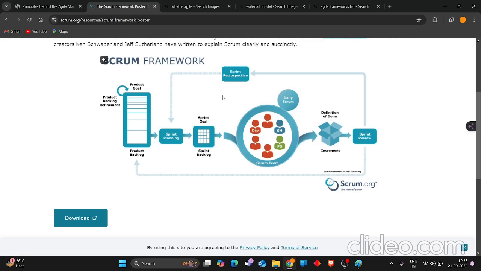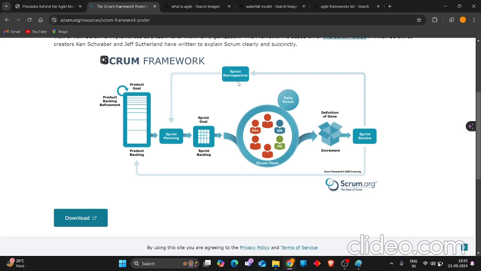After the sprint review and sprint planning, there is a sprint retrospective. In the retrospective, there is a meeting.